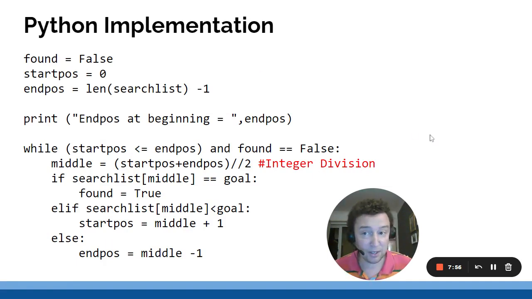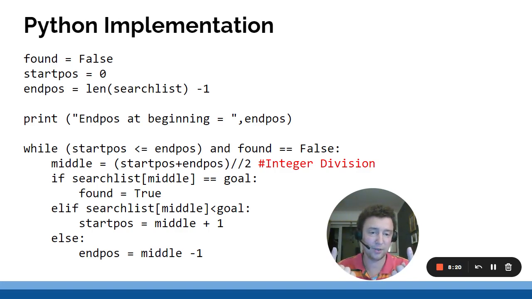How do we implement it in Python? Well, here we go. So we've got set found as false, nice and easy. We've set start pos to 0, so that means this pointer here on the left-hand side is, I'm just going to hold it here, in position 0, and the end pos is the length of the list that we're searching minus 1. So if it's got 6 items in the list, that would be end pos of 5.